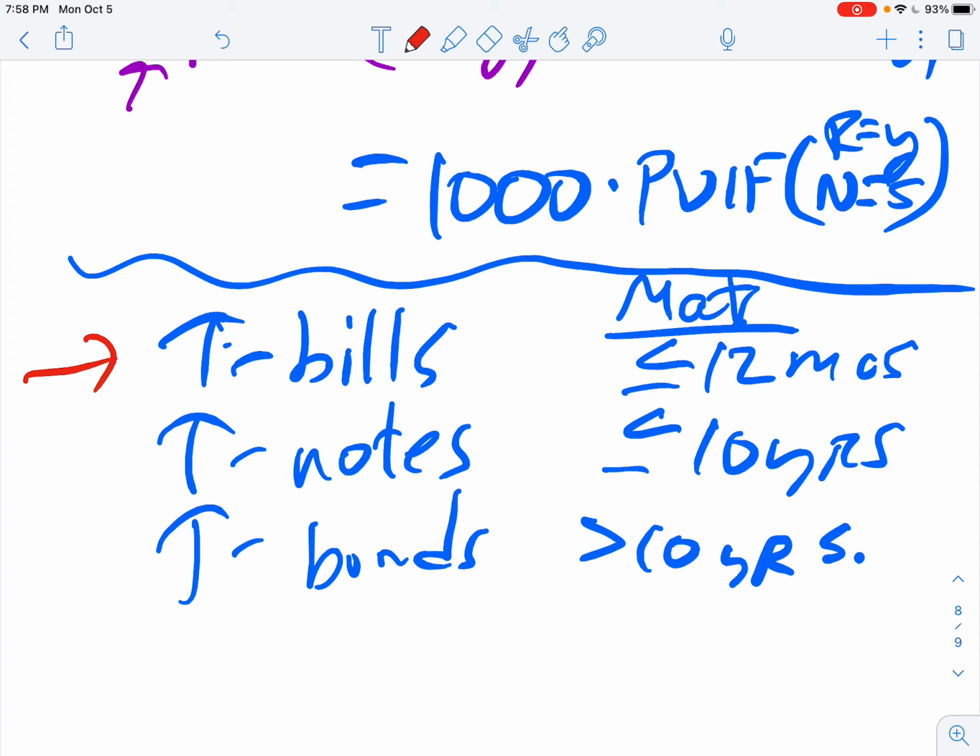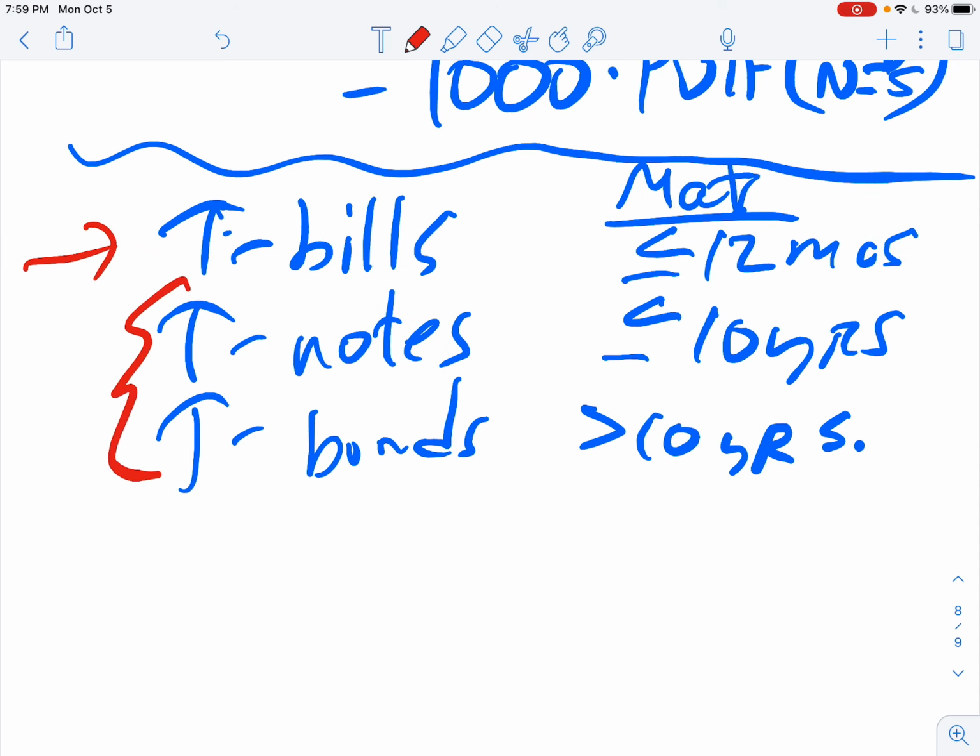But that's kind of relatively new to the world. But in a world where we have positive interest rates, where time value of money is positive even in the short run, then when you're buying a Treasury bill, you'll pay less than its face value. So T-bills are issued as zero coupon securities.